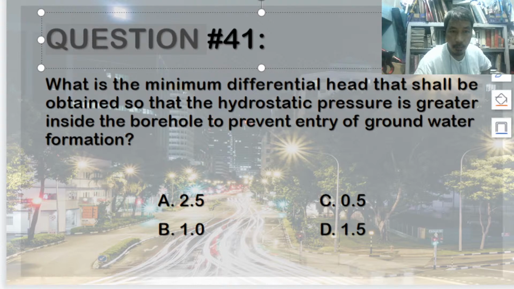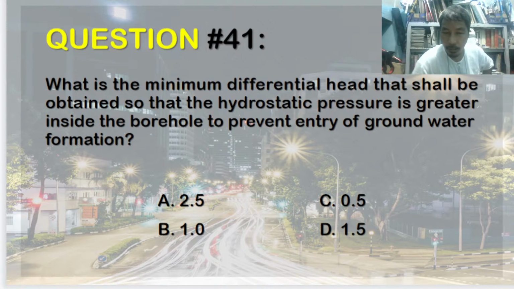Next, number 41. What is the minimum differential head that shall be obtained so that the hydrostatic pressure is greater inside the borehole to prevent entry of groundwater formation?